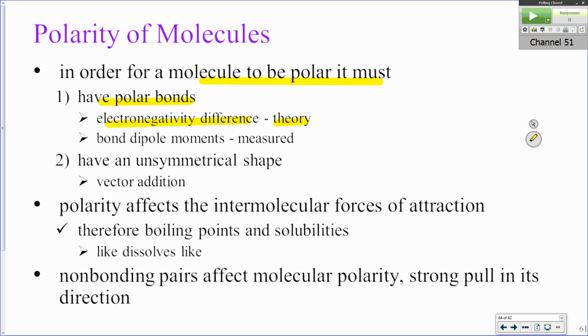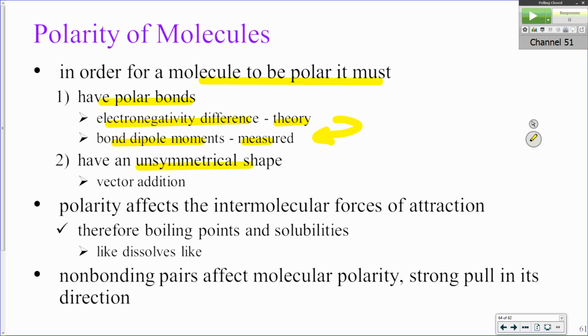The way that we determine that in the lab is we can measure something called the dipole moment, which is a numerical reflection of how much charge separation can occur. The second thing to be a polar molecule is there has to be a lack of symmetry, or an unsymmetrical shape. If everything's symmetric, everything pulls in the opposite direction and everything cancels out. We need a lack of symmetry in some way. And we'll look at some examples of that.